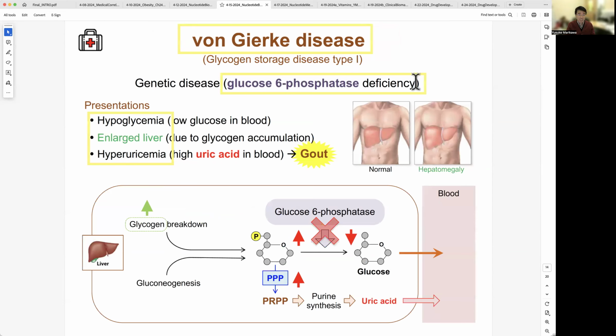Also, another disease, von Gierke disease, is linked to elevated uric acid. Von Gierke disease is caused by glucose 6-phosphatase deficiency.